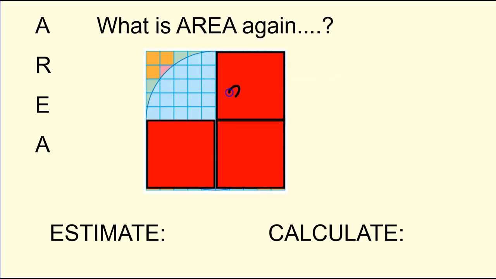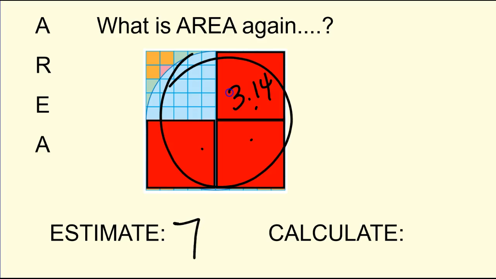It would take 3.14 of these red boxes to exactly cover the blue circle. So remember our estimate was 78 when we just counted up the boxes. Let's calculate it now and see what we get. In this circle, we had a radius of 5, right? The whole box was 10, so halfway across was 5.